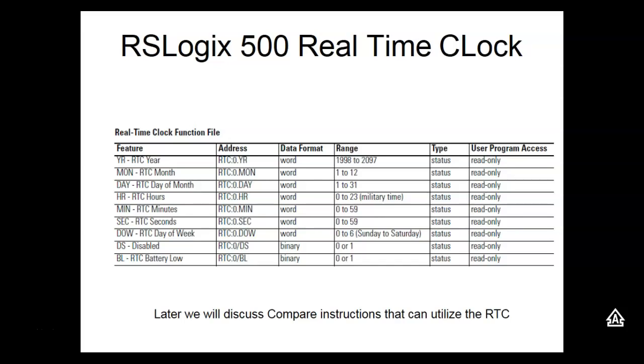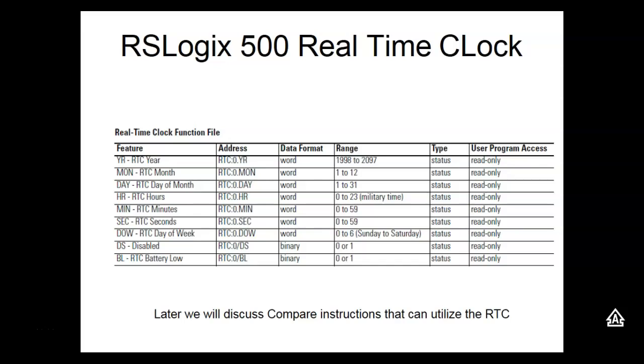This would be you could disable the time. Or it means it's disabled. So this would give you the year, the month, the day of the month, the hour, the minute, the second of a real-time clock.